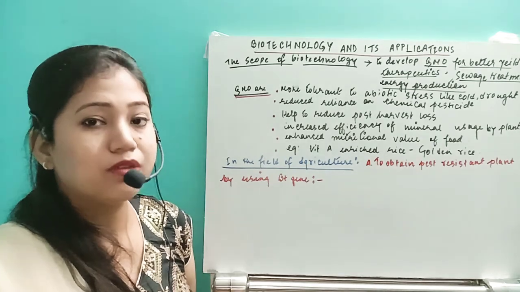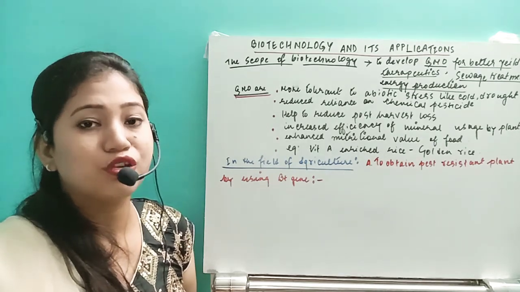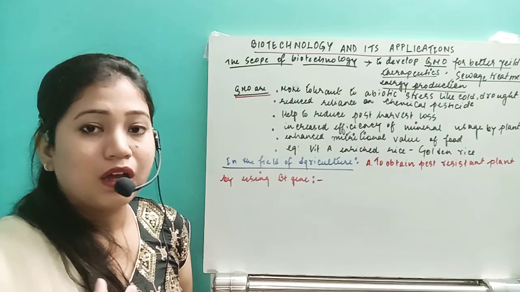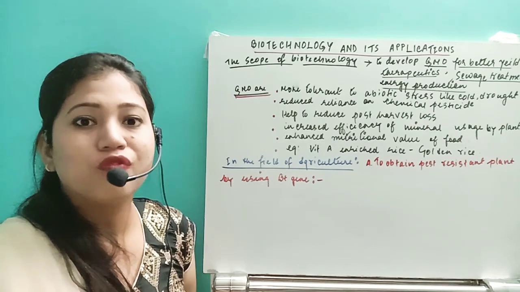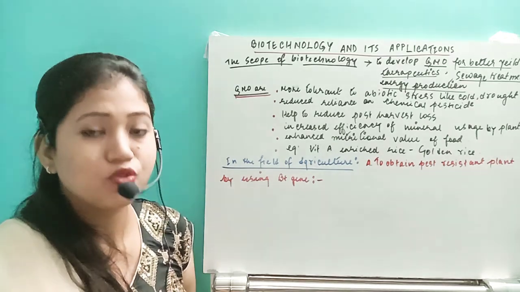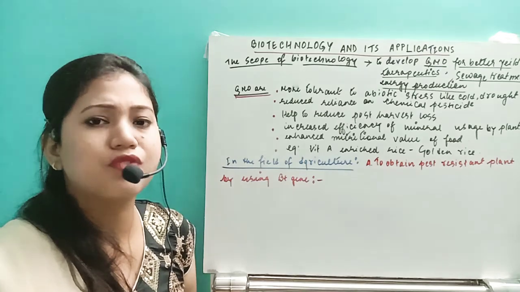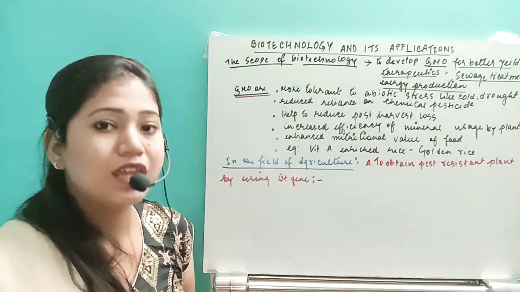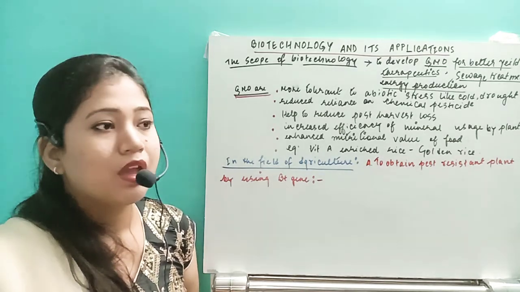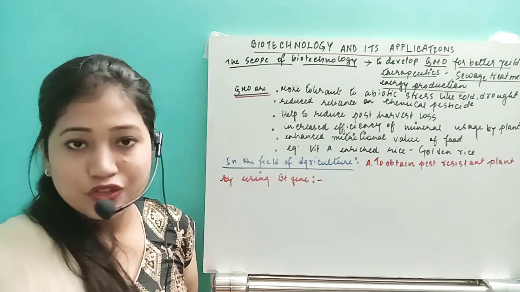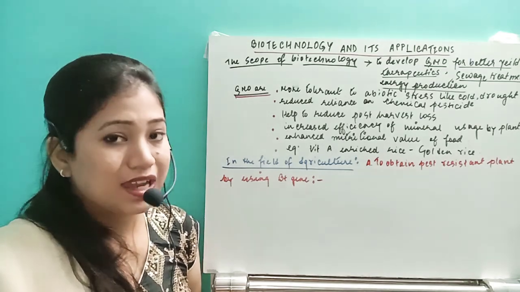So whenever it comes to nutritional quality, suppose from one superfood we can extract different types of elements, then it will be the best product. But naturally this is not happening.